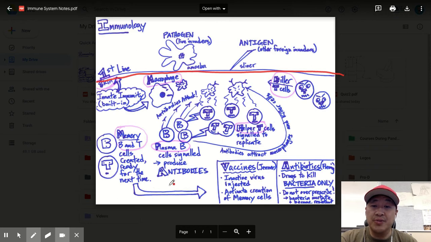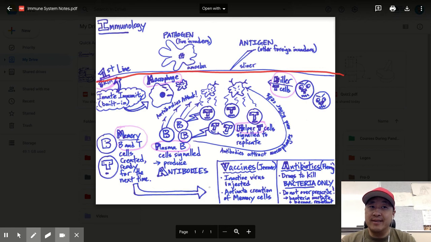Which brings us to what vaccines are. So vaccines are basically trying to get your body to go through all of this response, but in a way that's not harmful to you. So doctors can inject you with a virus that is not alive, or a virus that is not active but alive.